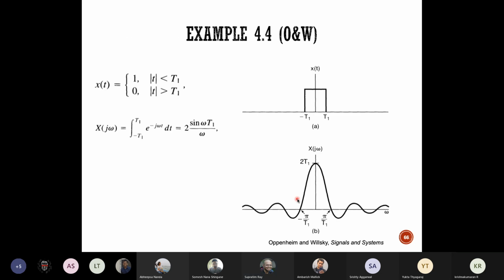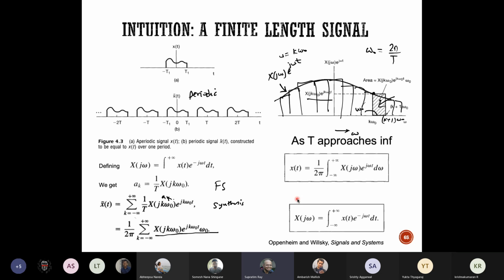Okay. So let me just show you this with an example. Again, there are these convergence issues. Am I always guaranteed that if I can compute X(j omega) and I put it like this, can I recover the signal back?